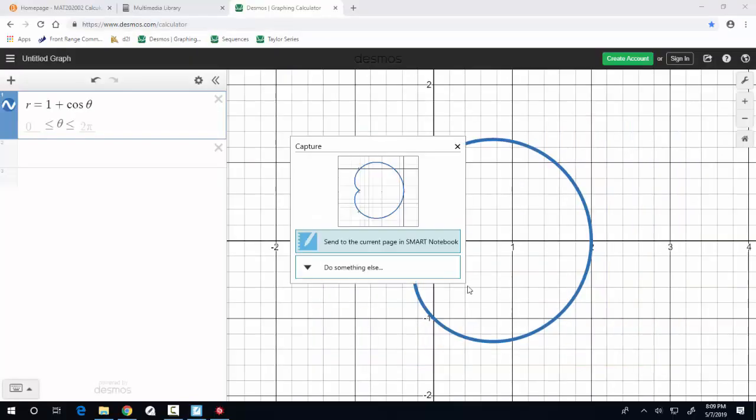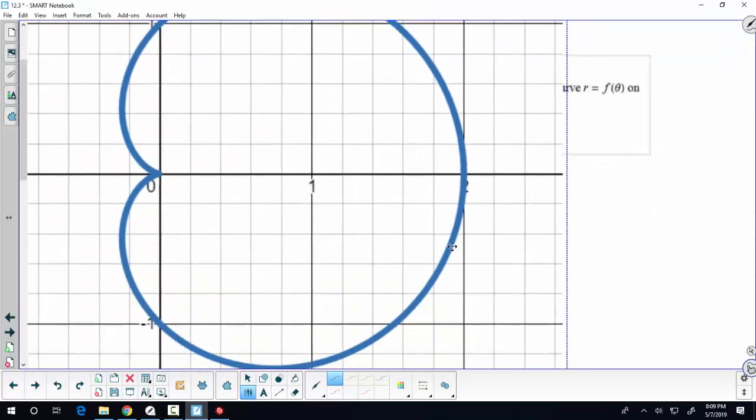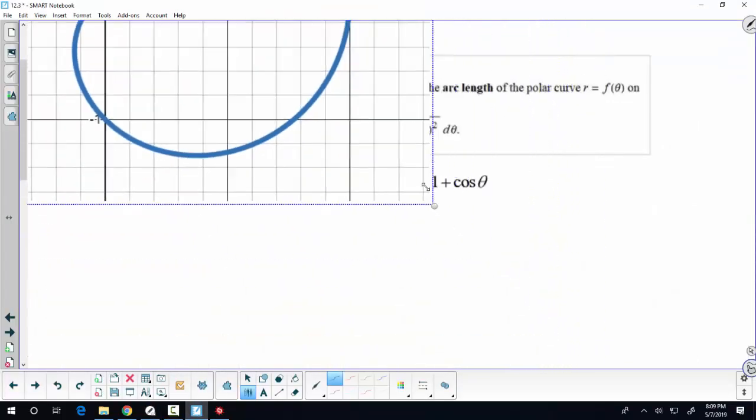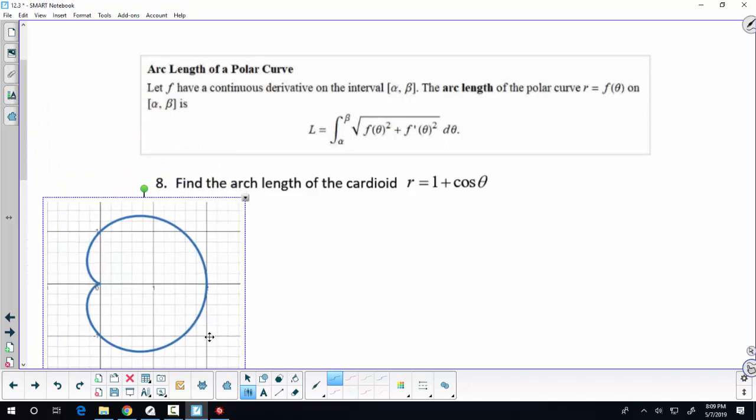How would you know what bounds to choose? Honestly, when you're doing a lot of things in polar coordinates, symmetry is your best friend. Symmetry is utilized and more helpful way more often in polar than it ever was in rectangular.